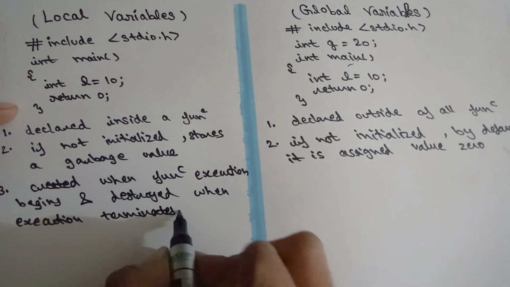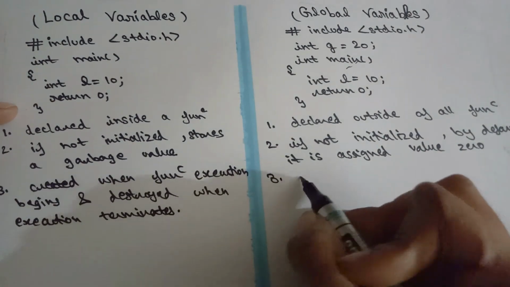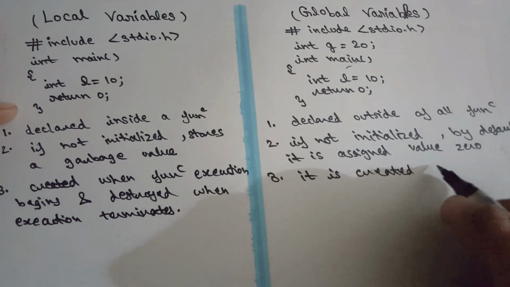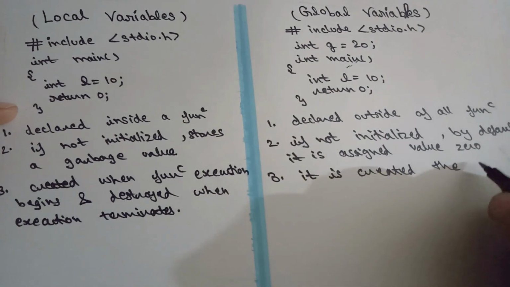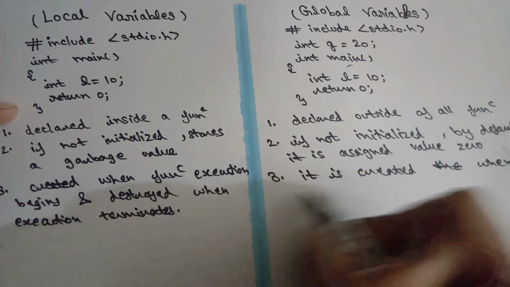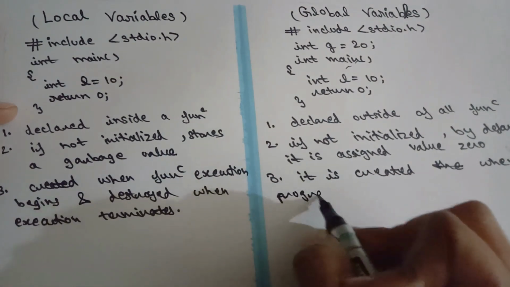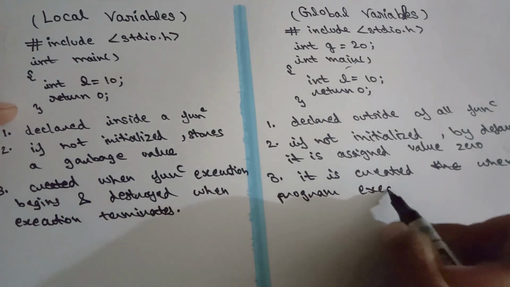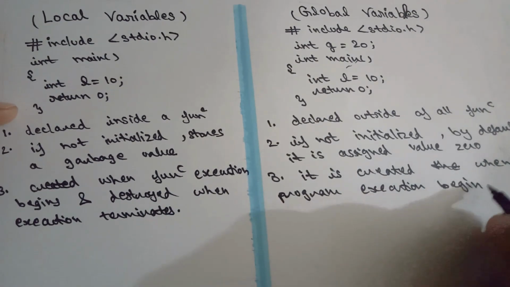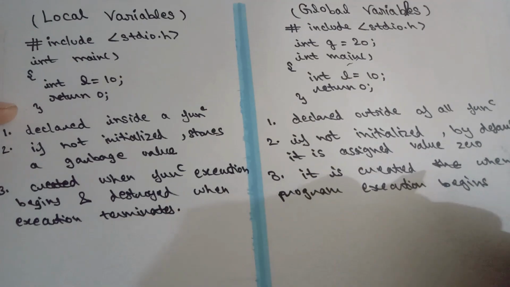Alright, but for global variables, it is created when the program execution begins. And is destroyed only when the whole program terminates.